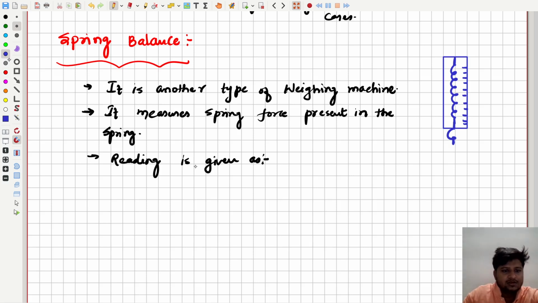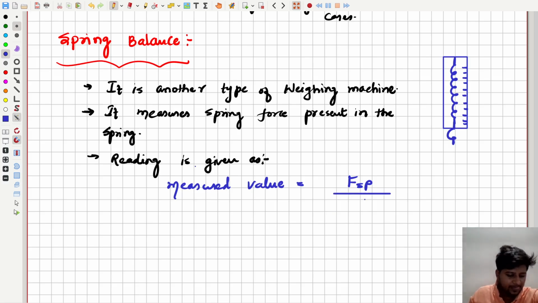So reading is given by T is equal to, sorry, what I was writing. So we'll write measured value is equal to force of the spring, okay, divided by gravity of that planet.